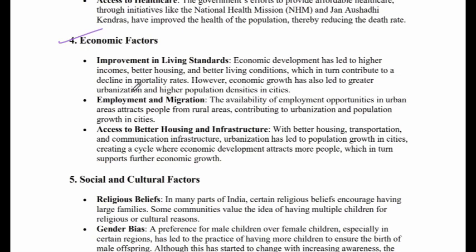There was malaria, and there were no vaccination programs at that time. But now, because of all of these facilities, this technological upgradation, modernization, and higher incomes, people are enjoying good healthcare, and because of that their life expectancy is going up. Nothing wrong in that.